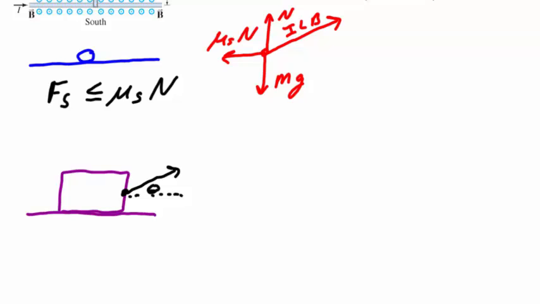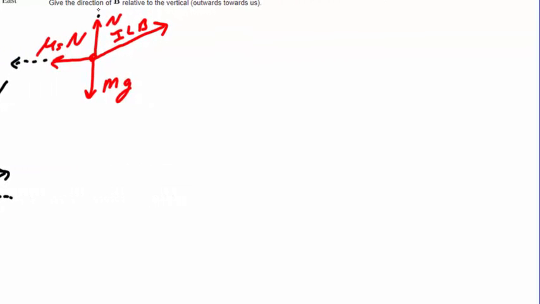Before we're done with the problem, we will be breaking it into two components. The manner by which we orient the coordinate system in any force problem is with the acceleration. However, this object is not yet accelerating, and so we will orient the coordinate system in the manner that gives us the simplest possible equations.